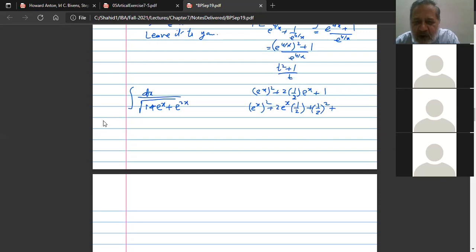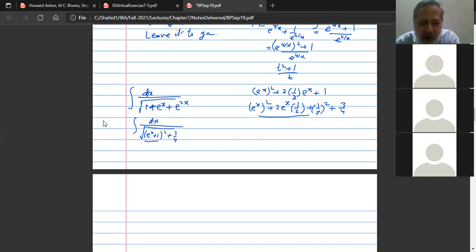So what will remain is 3 by 4. So what you have here is the integral of this part, e power x plus 1 by 2 whole square plus 3 by 4.